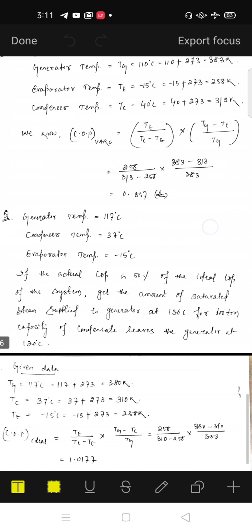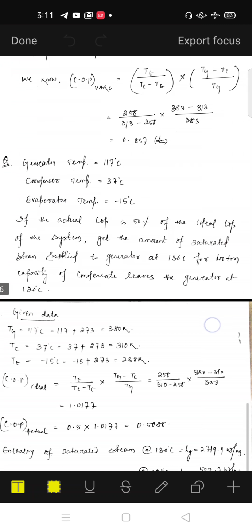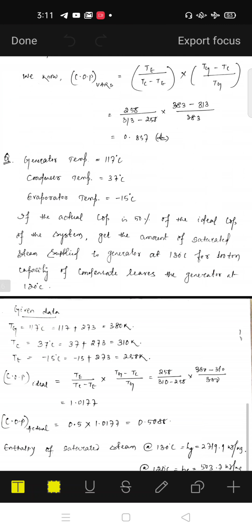Okay. So next question. The generator temperature is 117 degrees centigrade. Condenser temperature is 37. Evaporator temperature is minus 15 degrees centigrade. The question is, if the actual COP is 50% of the ideal COP of the system, get the amount of saturated steam supplied to the generator at 130 degrees centigrade for 100 ton capacity, if condensate leaves the generator at 120 degrees centigrade.